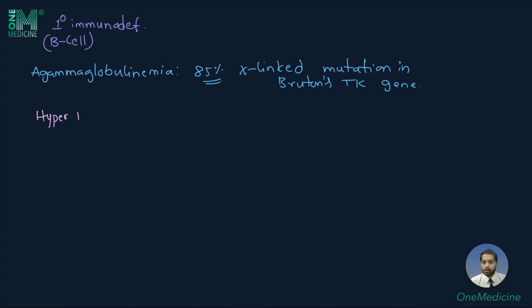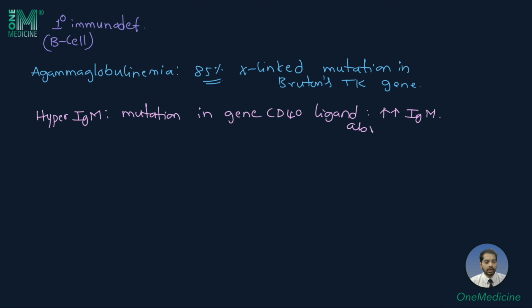Hyper IgM syndrome results in mutation in gene encoding CD40 ligand, where the patients have very high levels of IgM and almost absent or very low IgG and IgA immunoglobulin subtypes.